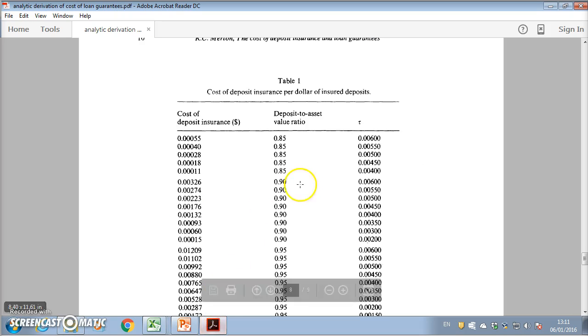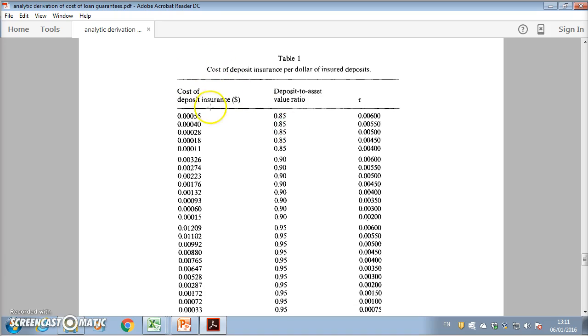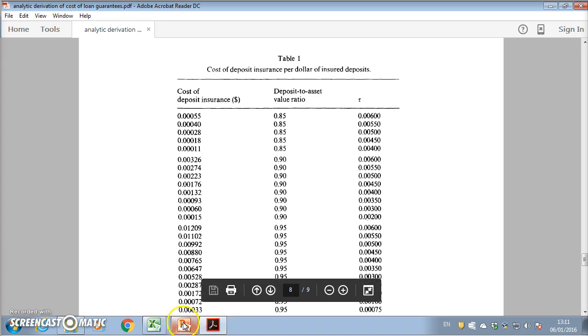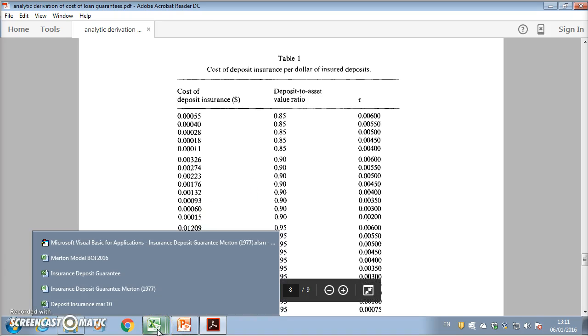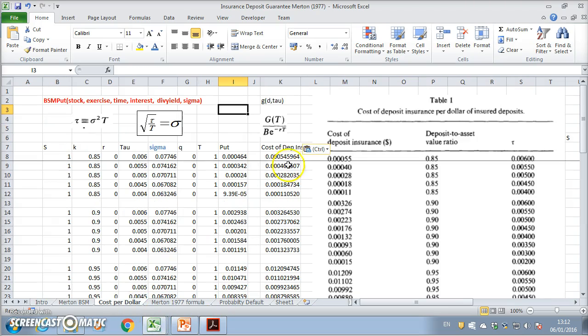So in setting out this framework, Merton made available this table 1, and we're trying to replicate it using, at least initially here, a simplified structure where we initially start with just using Black-Scholes parameter inputs.